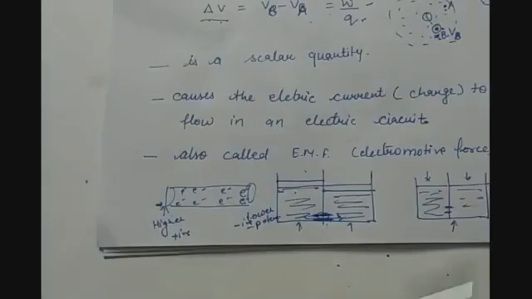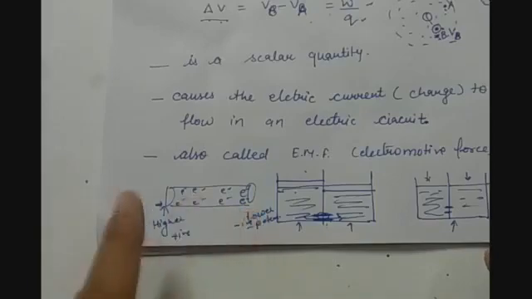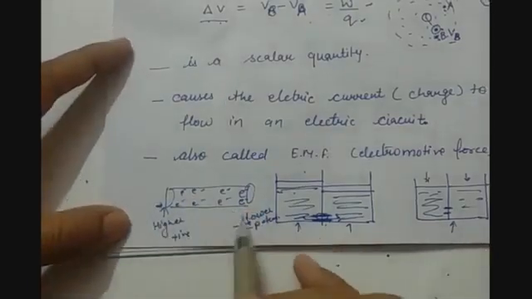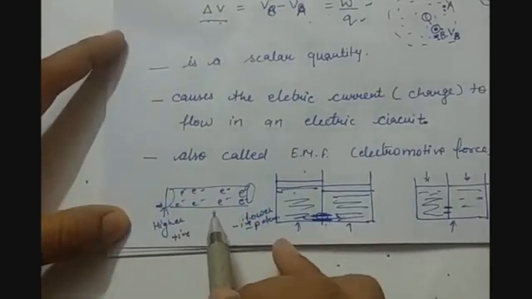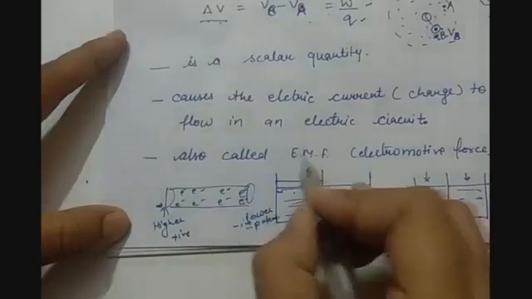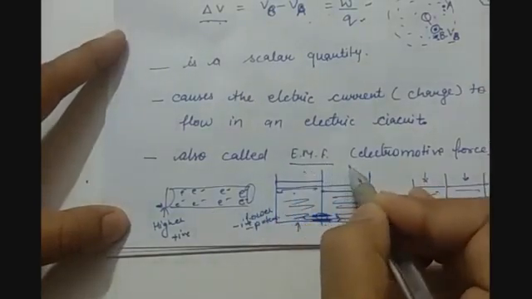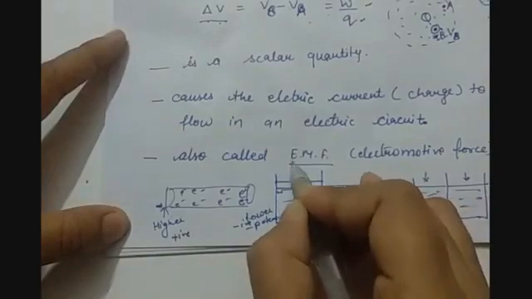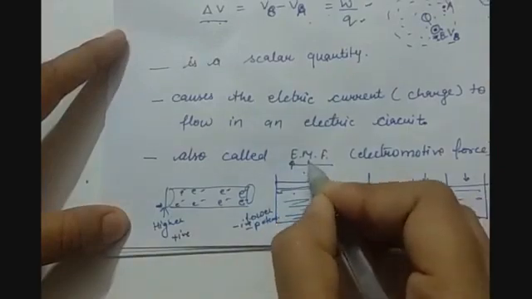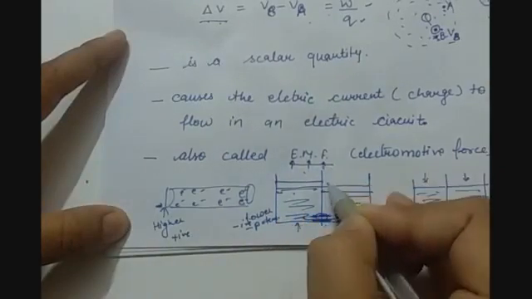And that is why electric potential difference, which is basically the source of energy to make the net flow of charges in a conductor, is also called electromotive force. Electro for electrons, motive for movement, force.